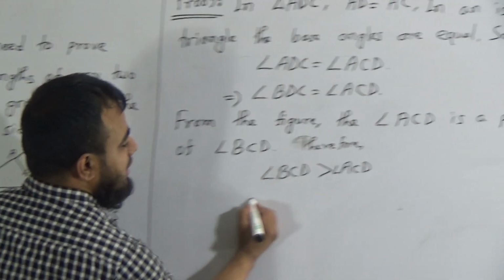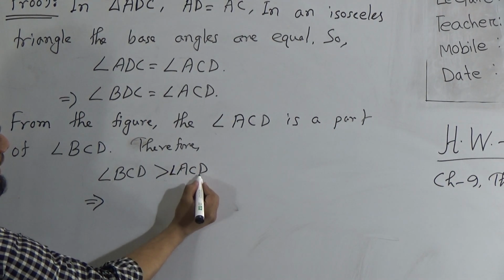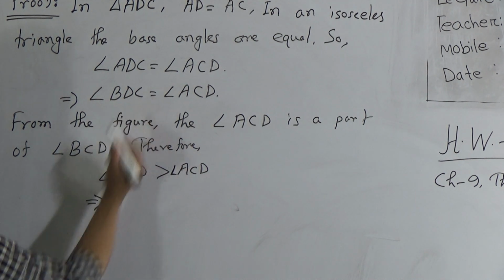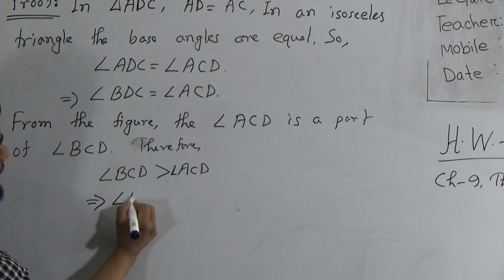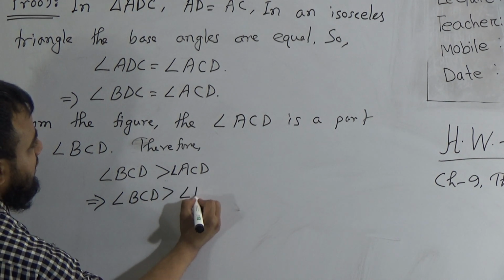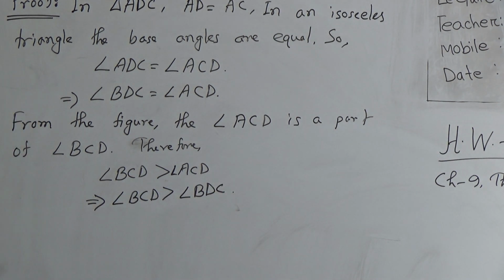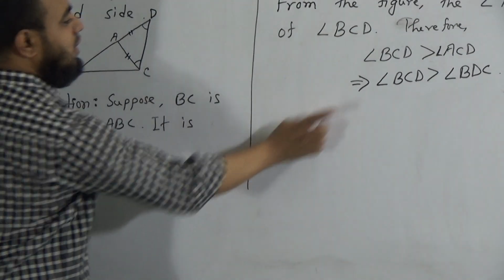Now from this inequality we can put in the place of angle ACD the angle BDC, because ACD and BDC are equal to each other. So we can write down our angle BCD is greater than the angle BDC. Now come to the figure again. From this inequality we have got what?